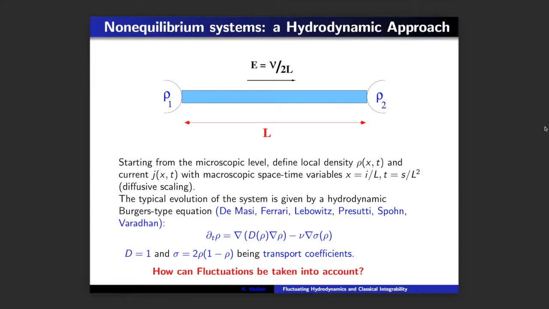So here you have a hydrodynamic law, which relates local averages of density and current. The only thing that survives in this coarse graining procedure, in this hydrodynamic limit from the microscopic world, is the diffusion constant, the coefficient in Fourier's law, and the conductivity, sigma.